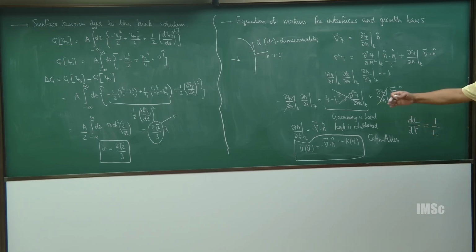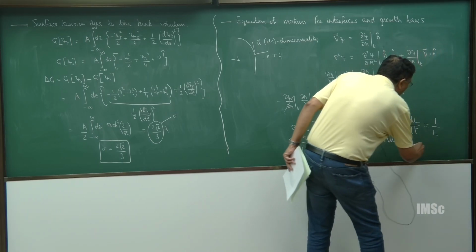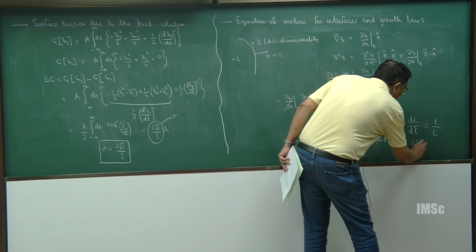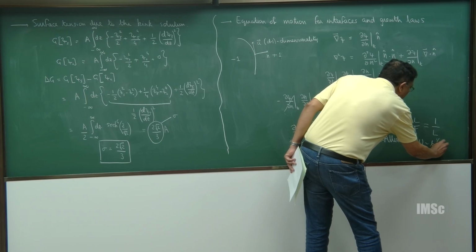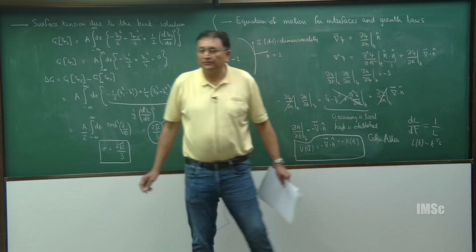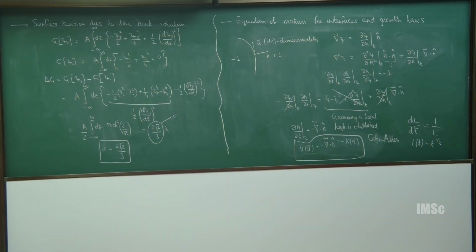As the droplet becomes infinite sized, you have less curvature, like a locally flat interface. So if you integrate that up, you get your first non-trivial result: the growth law, as I promised you, is just t raised to power half, just from dimensional analysis. I'll do this in a more precise manner, but first I wanted to get the dimensional analysis out of the way. Is that clear, or is there any doubt?